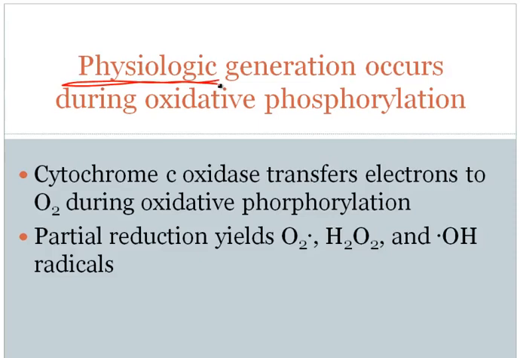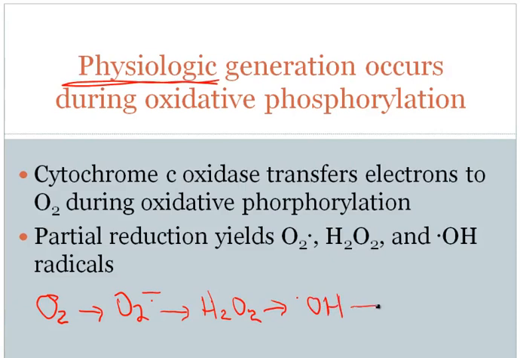So let's take a moment to just remind ourselves that if this is oxygen here, if oxygen accepts 1 electron, then it becomes something called superoxide. If it accepts 2 electrons, it then becomes hydrogen peroxide. If it accepts 3 electrons, it becomes hydroxyl ion. And if it accepts 4 electrons, it becomes water.